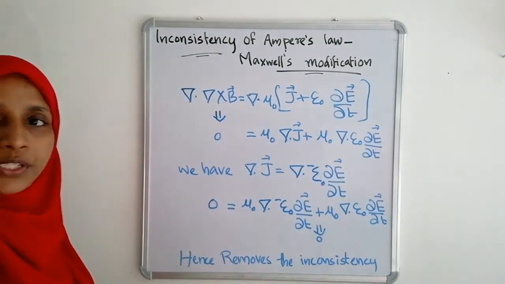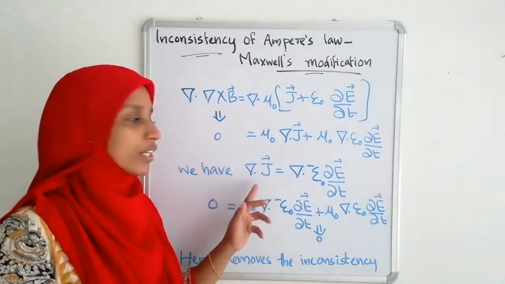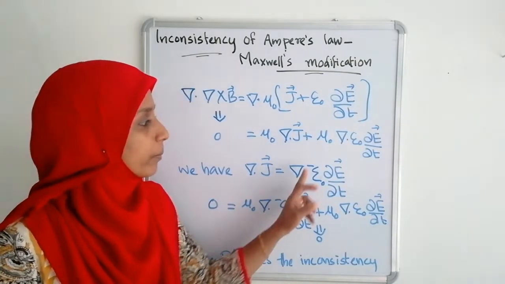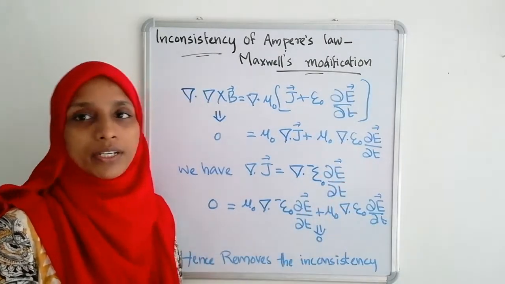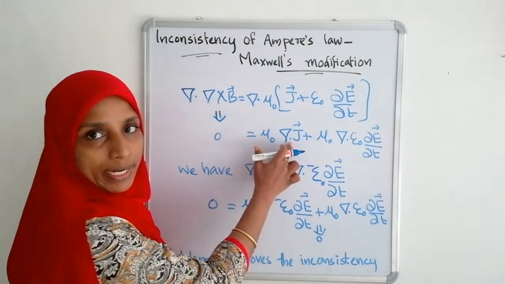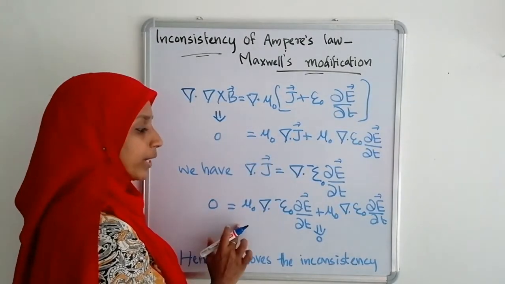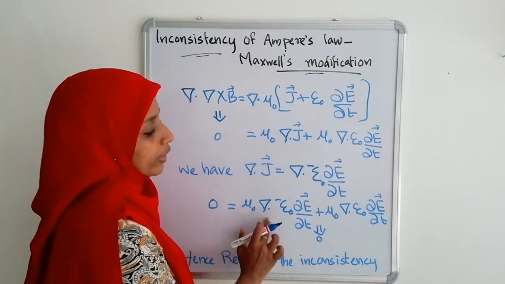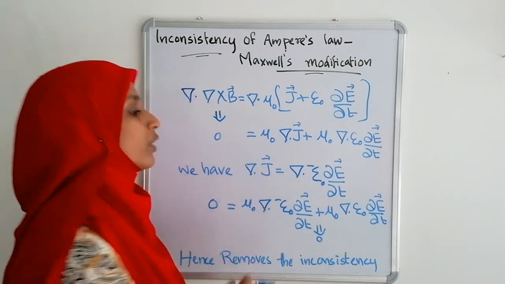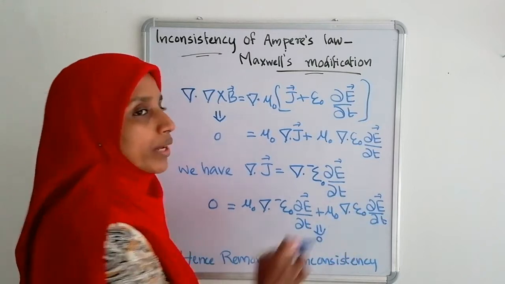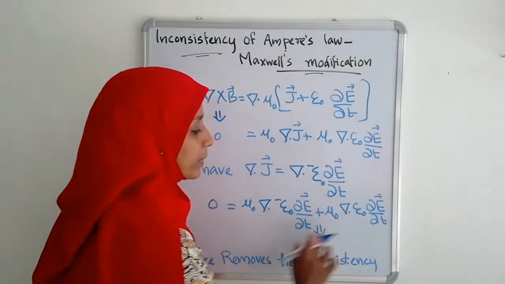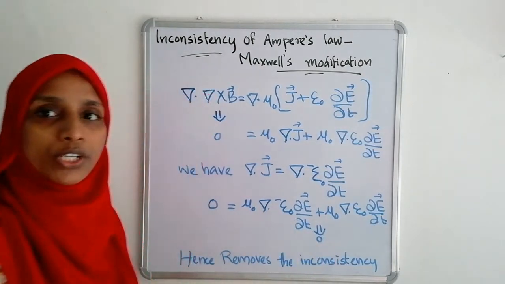Then by substituting Gauss's law in the continuity equation, we already got del dot J is equal to del dot minus epsilon 0 dou E by dou T. Substituting that in this equation, we can write 0 equal to mu 0 del dot minus epsilon 0 dou E by dou T plus mu 0 del dot epsilon 0 dou E by dou T, which implies these two terms are opposite terms, so it will be equal to 0.